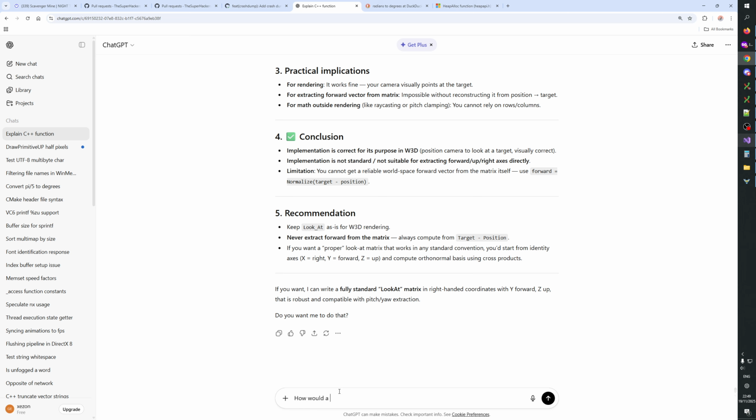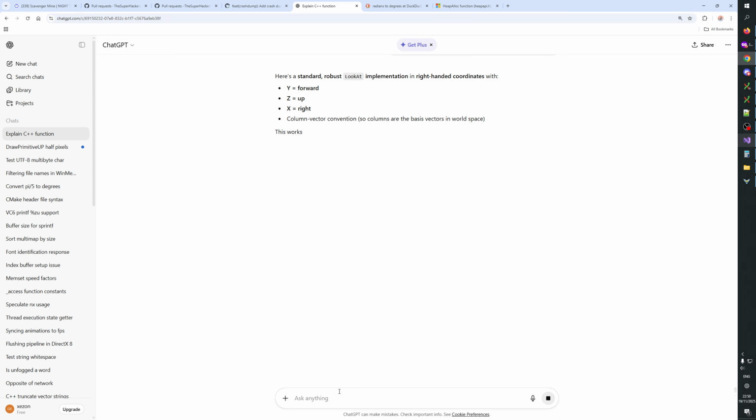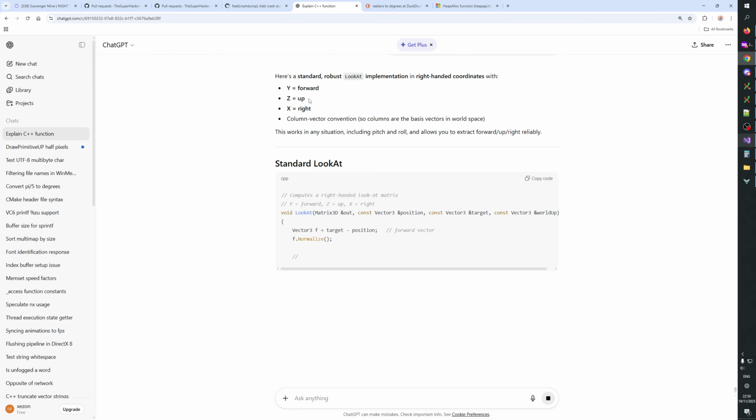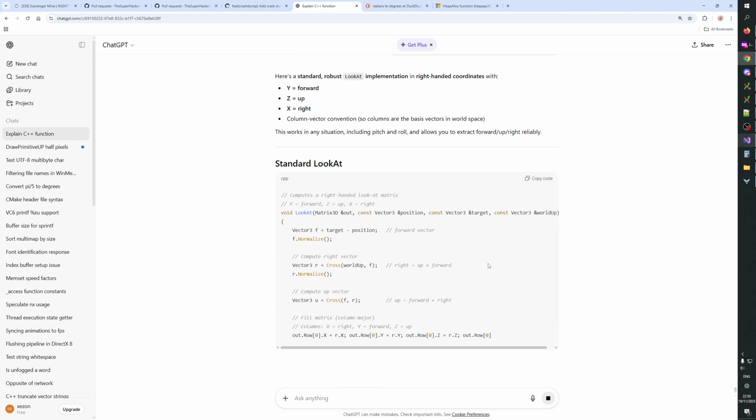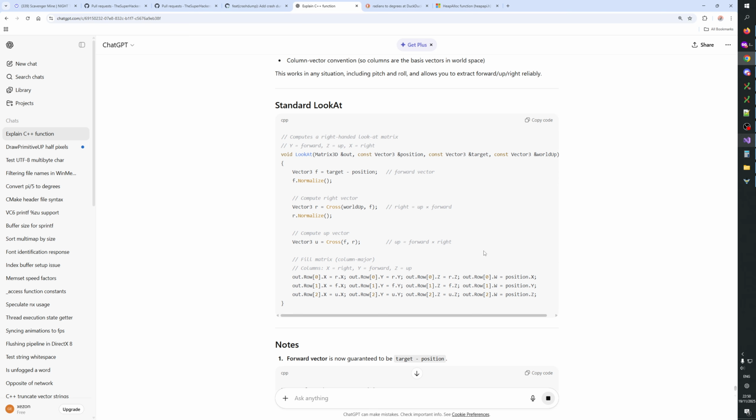How would a standard implementation for lookats look like? Y forward, Z upright. That looks pretty short.